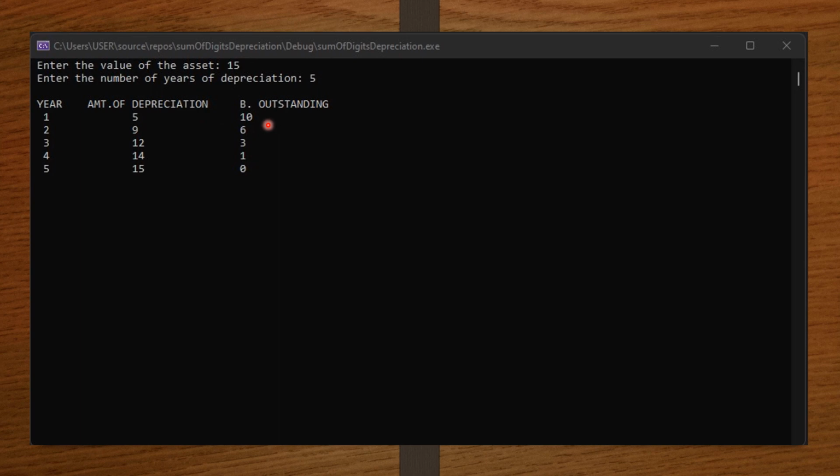Then in the second year, 9 got depreciated. The remaining was 6. Third year, 12 got depreciated. The remaining was 3. Fourth year, 14 got depreciated. The remaining was 1. And by the fifth year, everything had depreciated and the balance outstanding was 0.